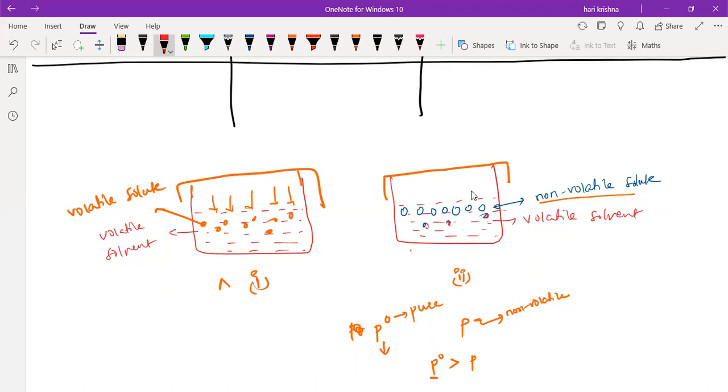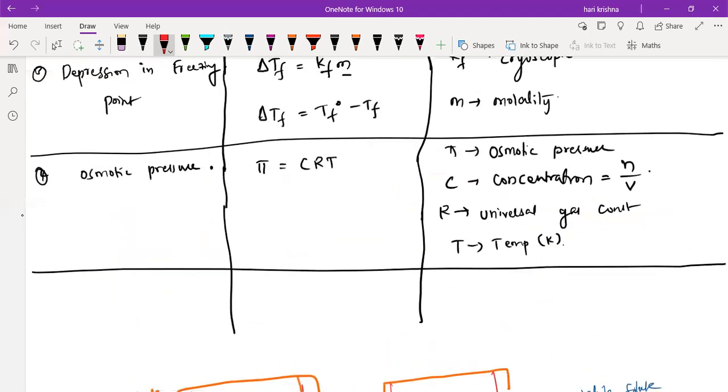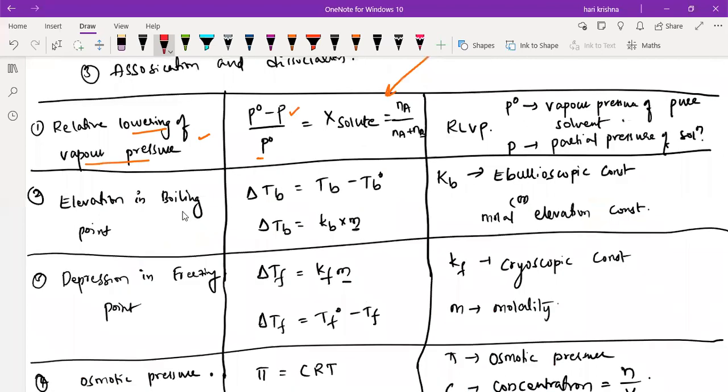When you add the salt, the water will not reach the boiling point at the lower temperatures. It will take more time to reach the boiling point. Here also the same: when you add the non-volatile solute, the solvent will not reach the boiling point easily. So we are increasing the boiling point of the solvent. That is the elevation in the boiling point.